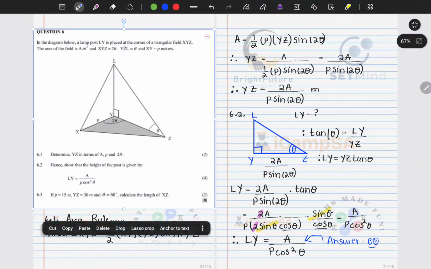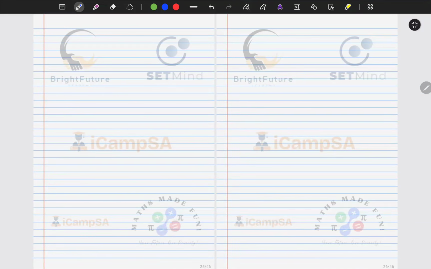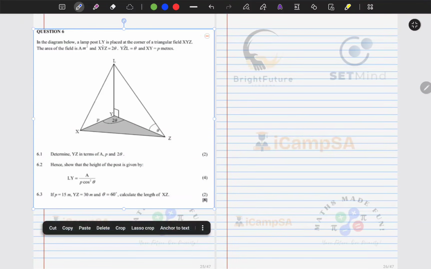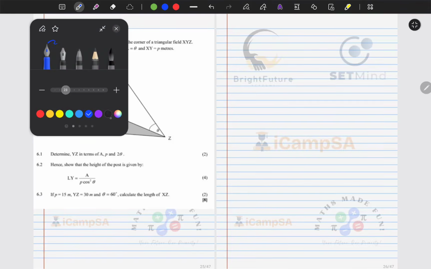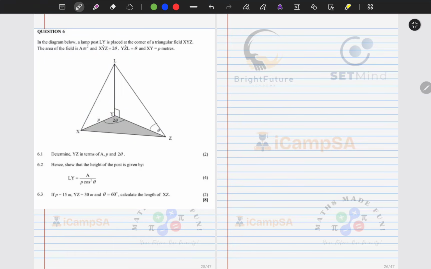Okay. So let's go and have a look at 6.3. At 6.3, they give us the P, they give us YZ, and then they say we should calculate XZ.